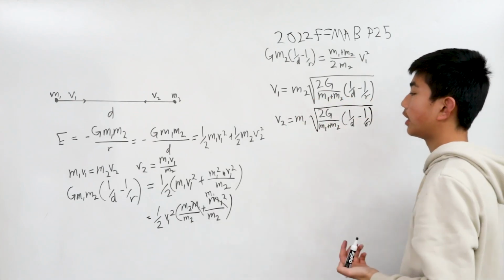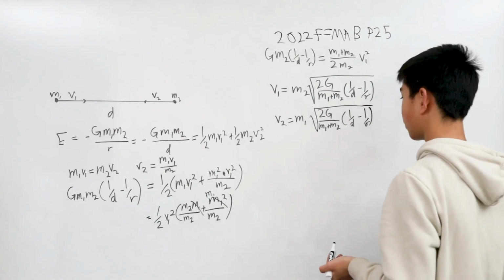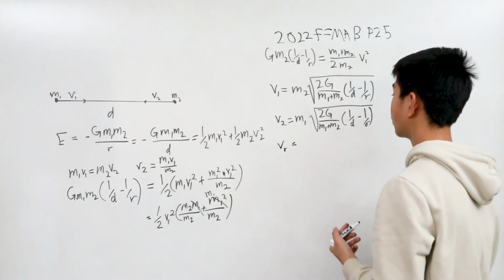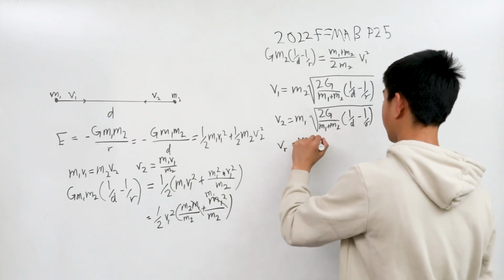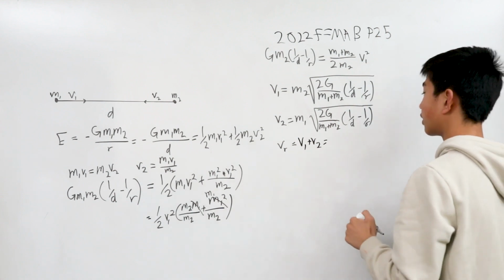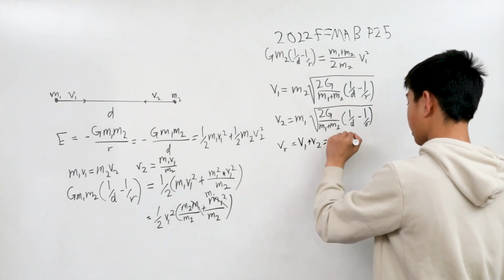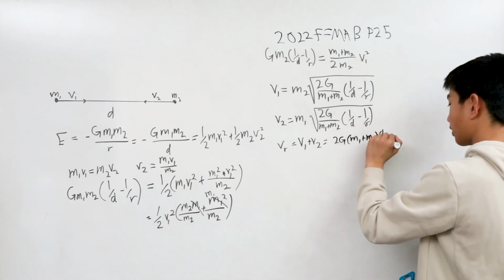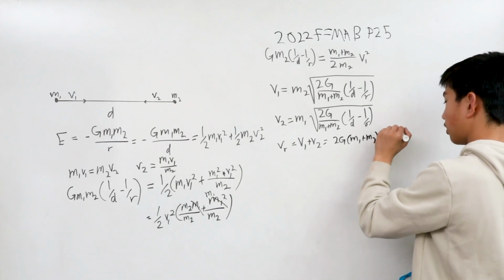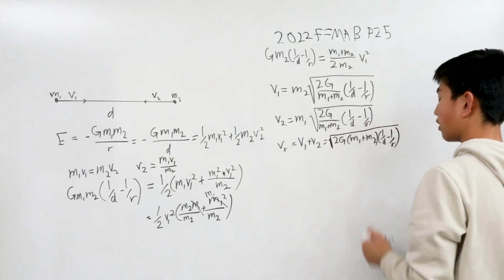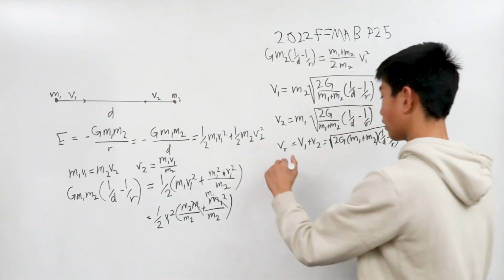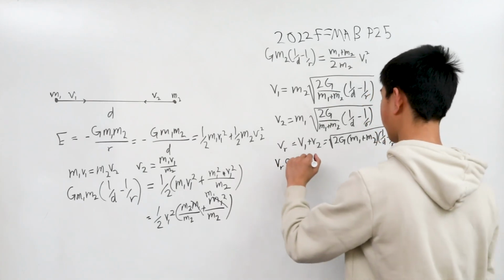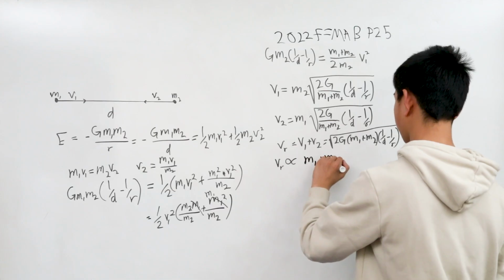Now, what we really want is the relative velocity, which is simply the sum of these two velocities, V1 and V2. So the sum would be the square root of 2G times M1 plus M2 times 1 over D minus 1 over R. And this whole relative velocity, I'll just write V sub r, is proportional to the square root of M1 plus M2.